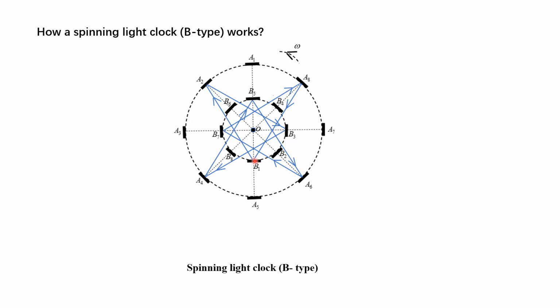However, if the clock spins, initially the photon is at B1, and the next step it will hit the position A2, and then B3, and then A4, and then B5, and then A6, and so on. And this constructs a spinning light clock, and we call it a B-type spinning light clock.